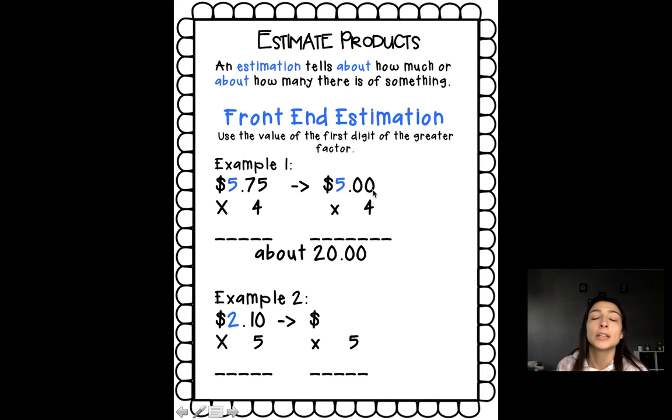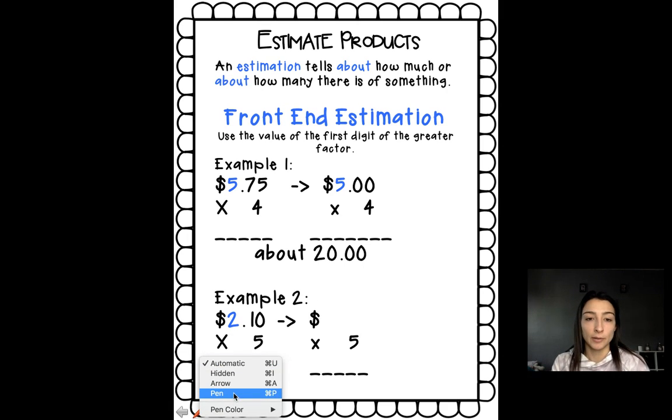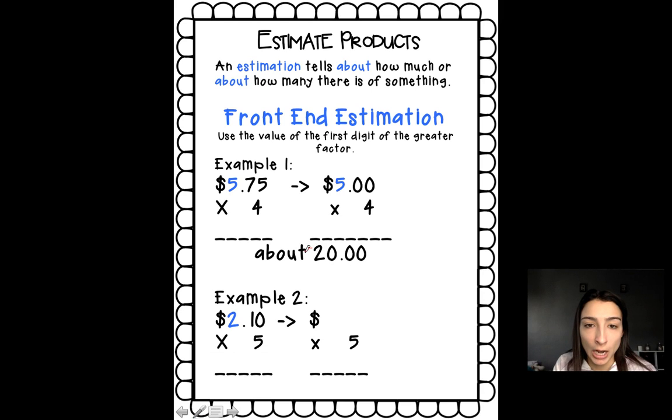You don't have to say, oh, is it greater, less than? You just take the front number and you make it that many dollars. So you see $5. 4 times 5 is 20, and then you add your 2 zeros, and you can't forget about your decimal point. Miss Loomis made a mistake and forgot to put a dollar sign, so I'm going to add that in because it's about $20.